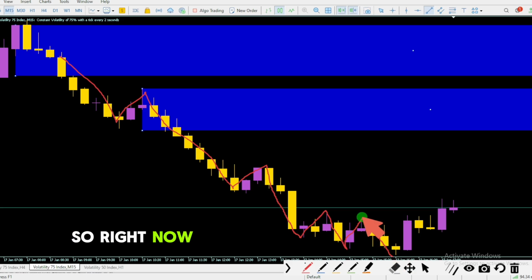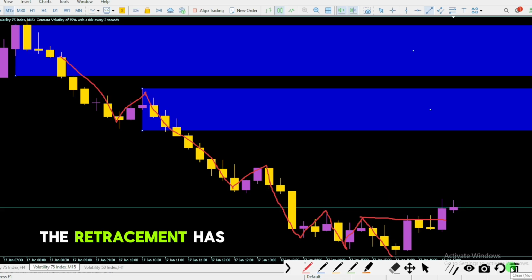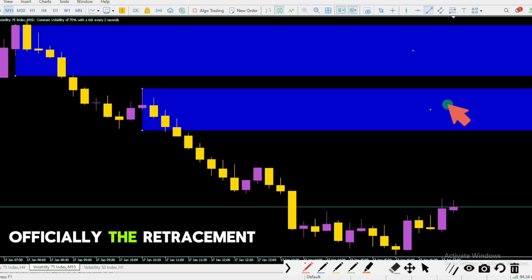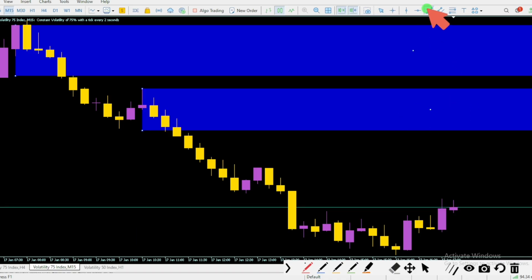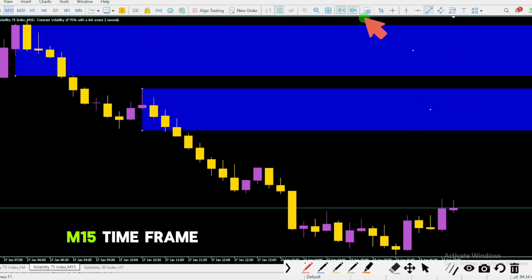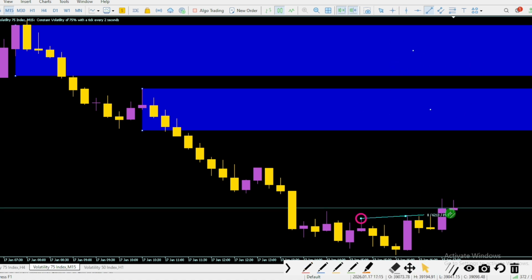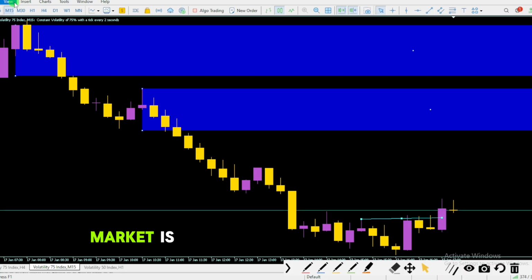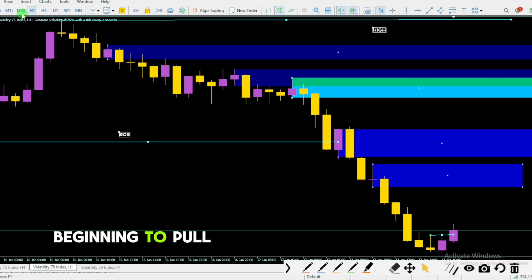So right now this last high has been broken, so I consider the retracement has started officially. Looking at my internal structure on M15, I can see clearly that the previous M15 high has been broken, and that is a confirmation that market is beginning to pull back.